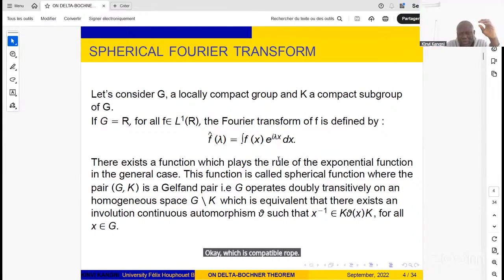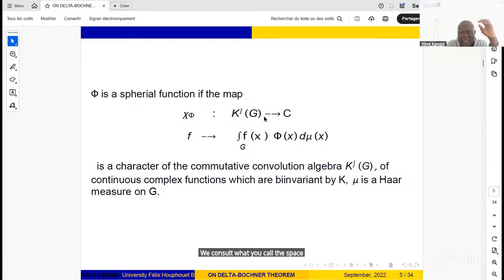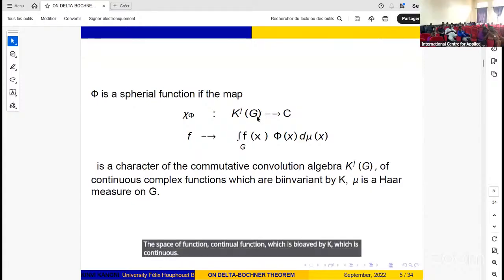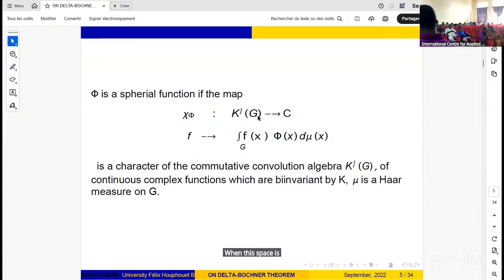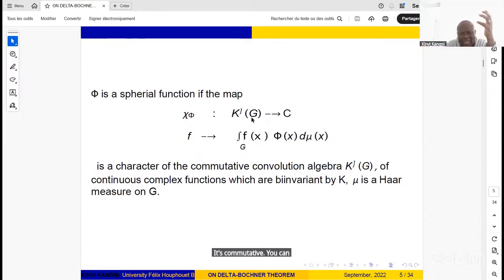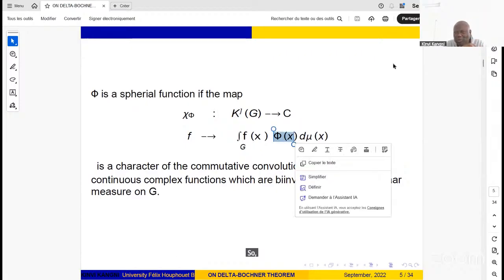You consider the space of continuous functions which are bi-invariant by K. When this space is commutative, you can construct this kind of representation and complete it. So let us go to the screen to explain more what I'm saying, please.